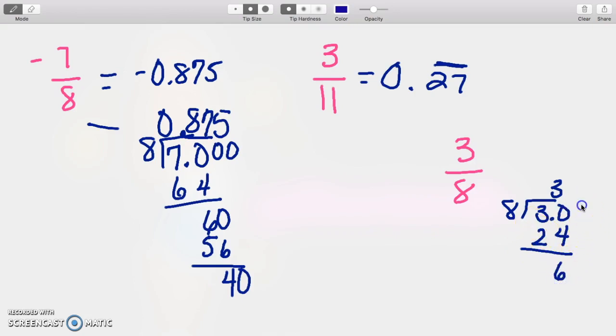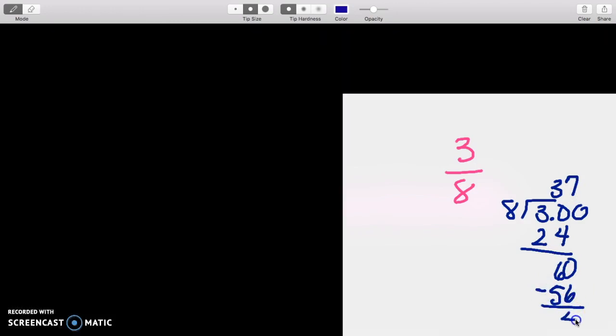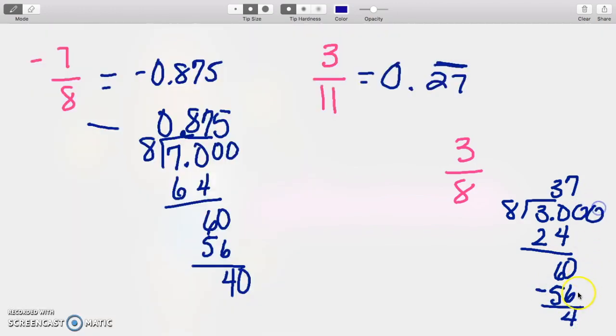And I'm going to add a 0, bring down. 8 can divide into 60. 7 times 8 is 56. And I'm subtracting, I'm keeping going. That's 4. And I bring down another 0 because I don't want a remainder. 8 divides into 40 5 times, 5 times 8 is 40, and I subtract, and that gives me no remainder.